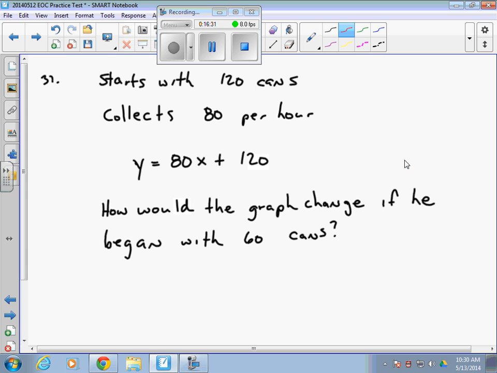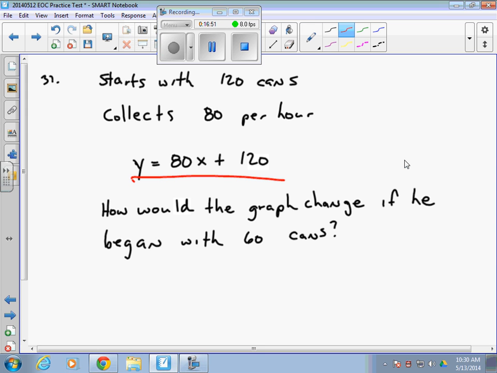This one says Chris collects aluminum cans. On Saturday, he begins with 120, and he collects new cans at a steady rate of 80 per hour. The equation, a number of cans y to time t in hours is y equals 80x plus 120.